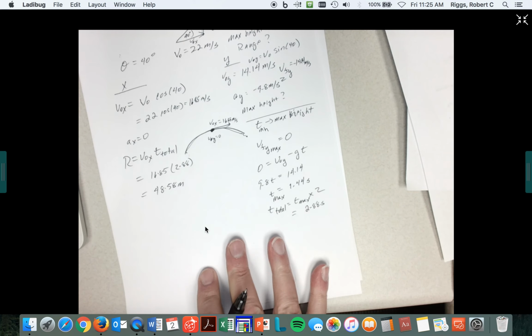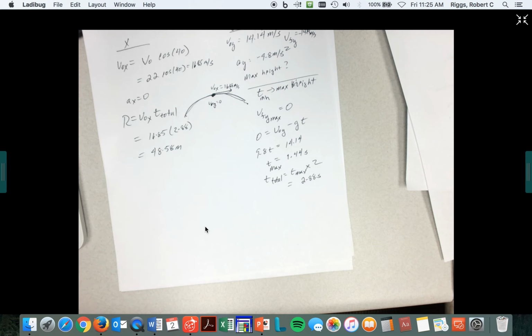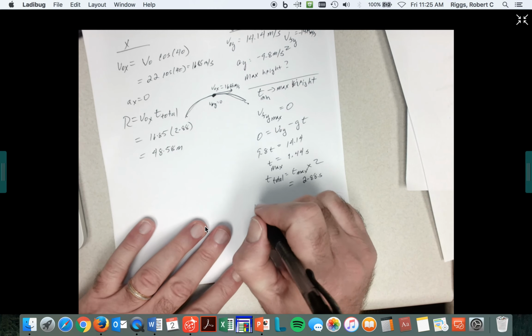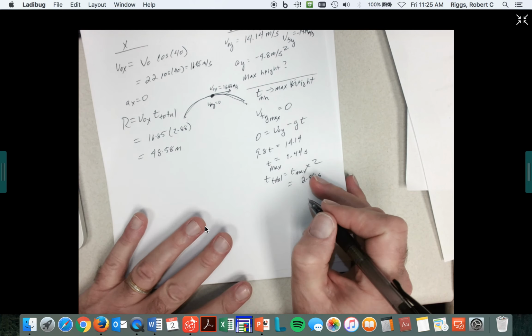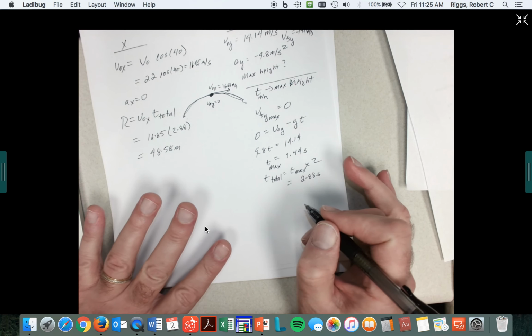All right, still haven't found the maximum height, but hey, the maximum height's easy because look, I know I could do a quadratic.